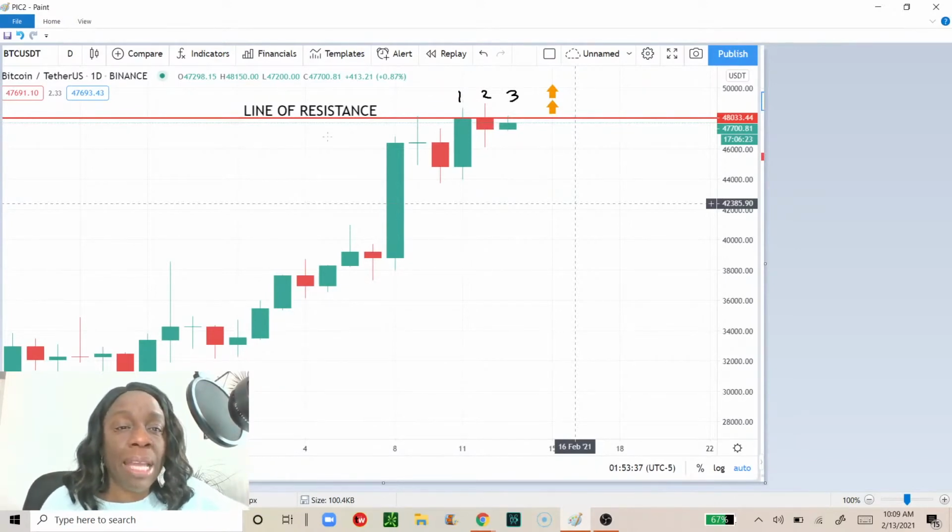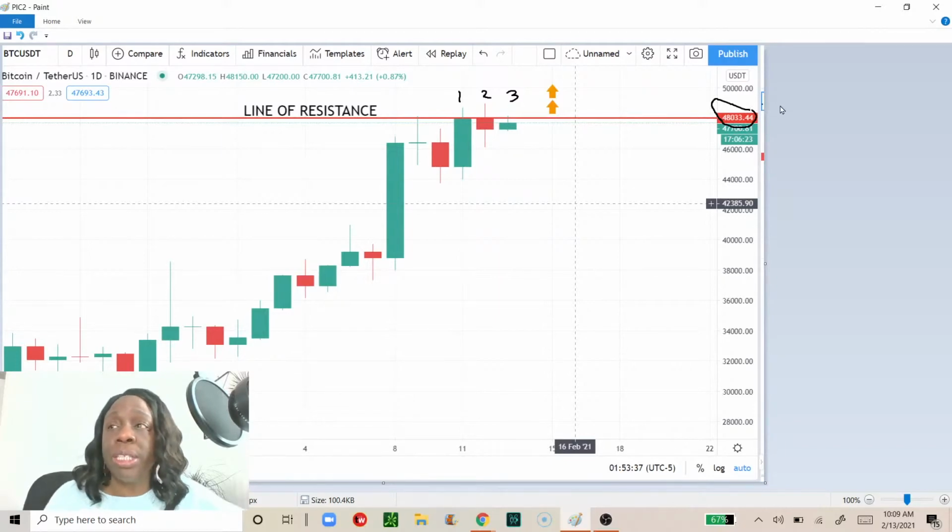That price of resistance, if you scoot to the right here, is $48,333. So Bitcoin has been trying to get past the $48,000 price point, but there's an obvious line of resistance.